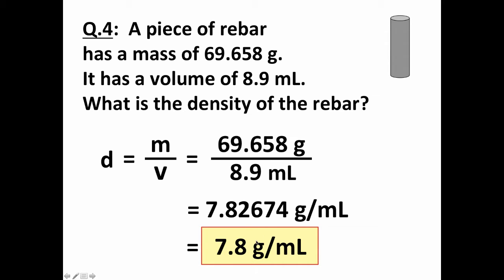So we have to report our density as 7.8 grams per milliliter. And then this might be a way to identify a metal by its density, or at least tentatively identify it by comparing your measured and calculated density with a known value.